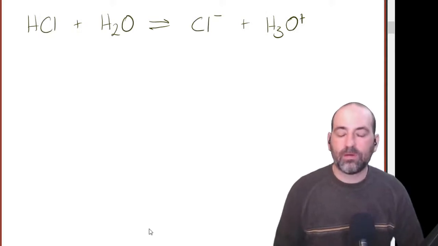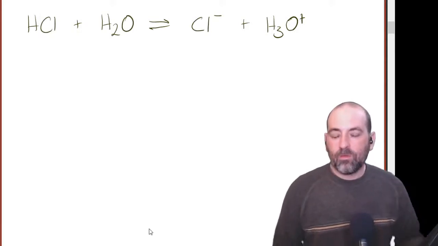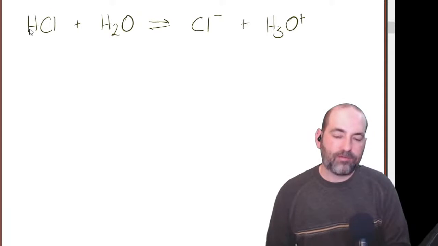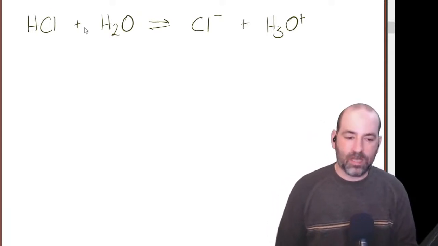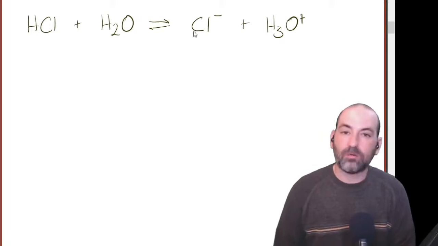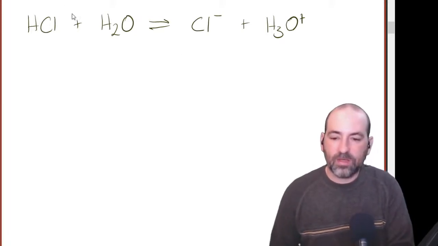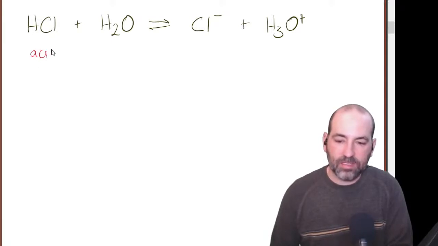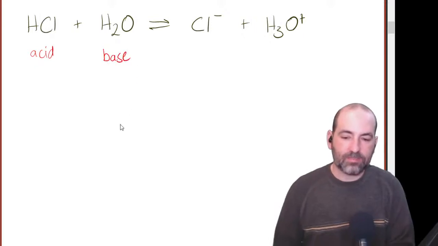All right, so now let's think about what's going on here. Between these two species on the left, which one is losing its hydrogen? The one that's losing its hydrogen is the HCl, because it becomes just Cl-. So in this equation, HCl is acting as an acid, and the water is acting as a base.